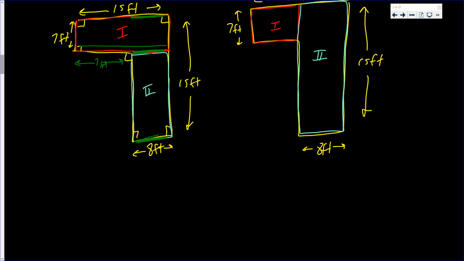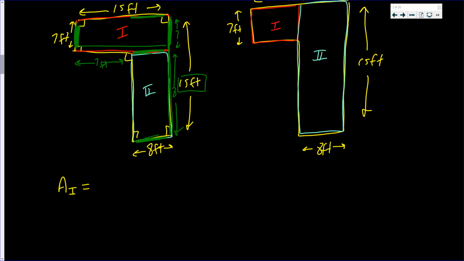Now I know that this whole thing here is 15, and I'm told that this is 7 here. That means this piece is 7. Well, that tells me that the rest must be 8. Okay, so let us find the area of region 1.